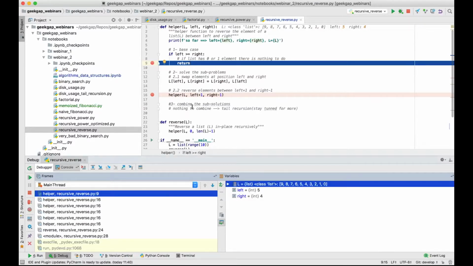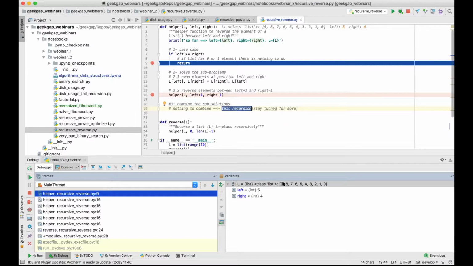You don't need to combine again because the problem is actually solved already. And this is what we call a tail recursion. We're going to see that in a subsequent slide, what a tail recursion means. And it's actually very important to understand that because interviewers give such kind of questions. They want to know how deeply you understand recursion.